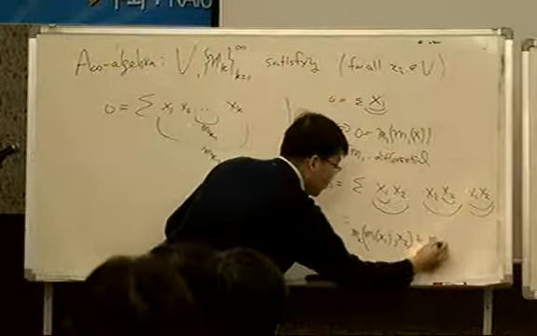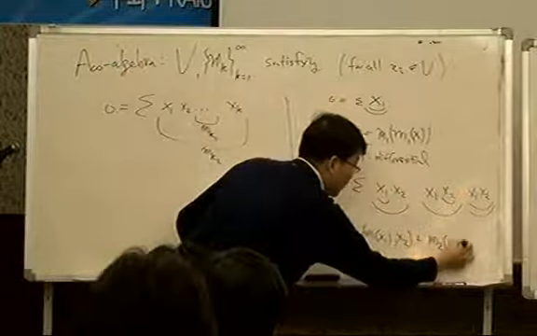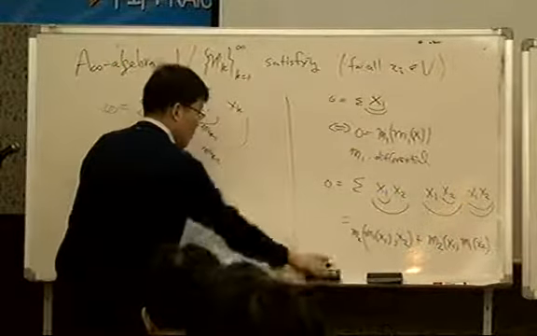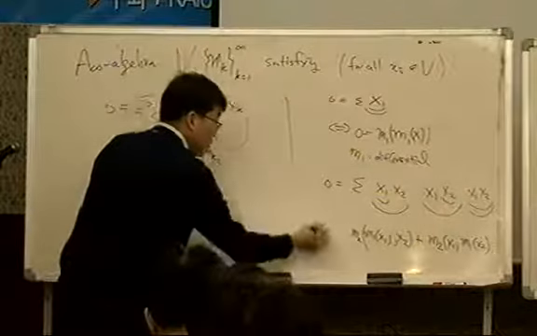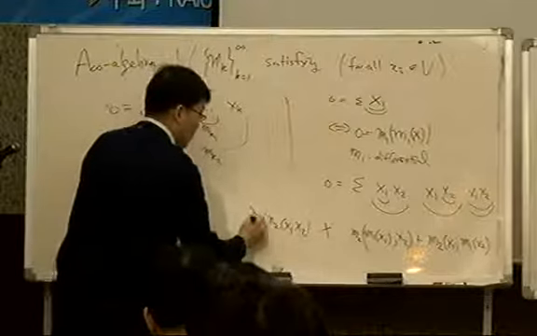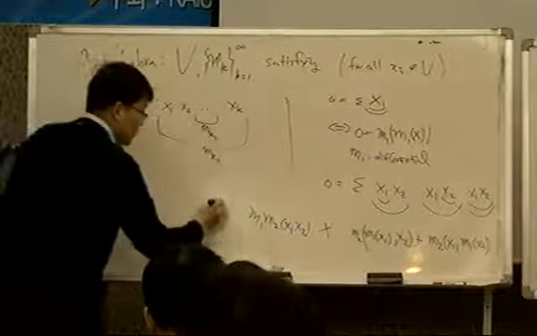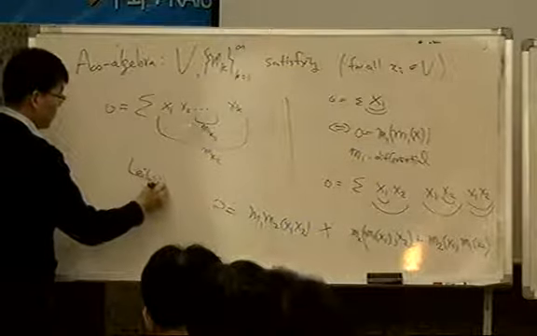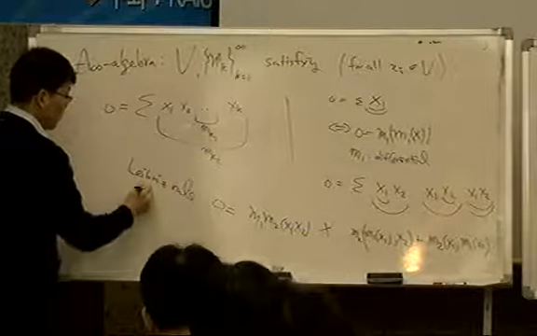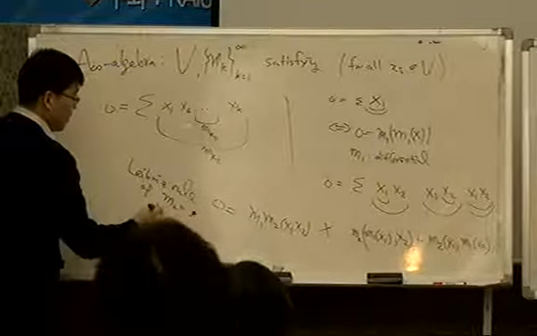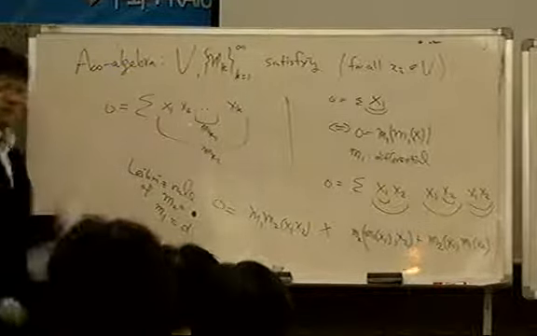So m2 of x1, m1 of x2, plus m2 of x1, x2 of m1, being 0. So this is nothing but the Leibniz rule. m2 is the product, m1 is d.